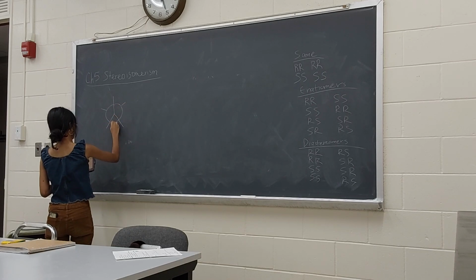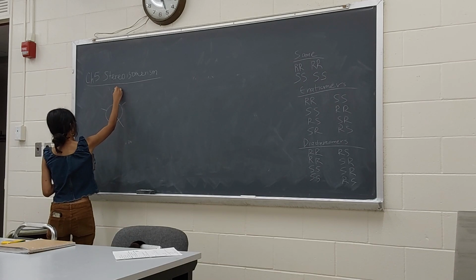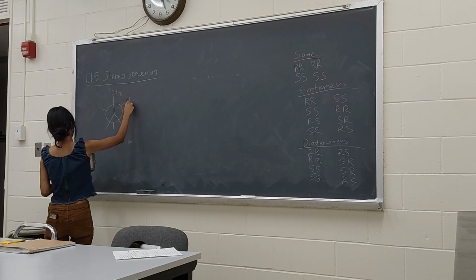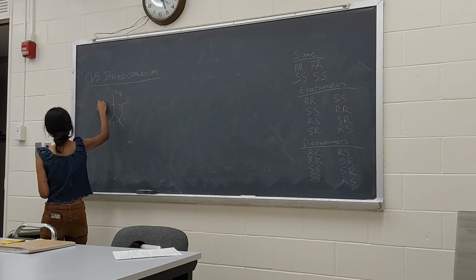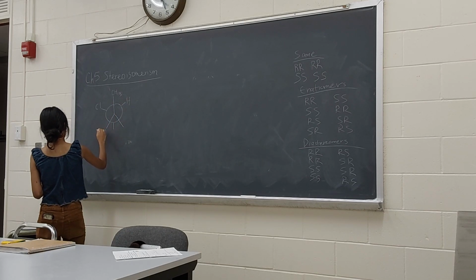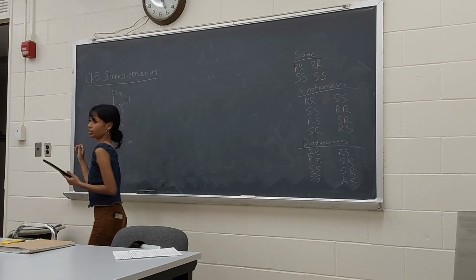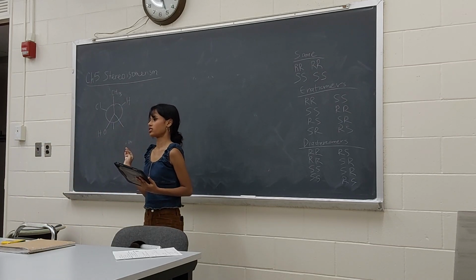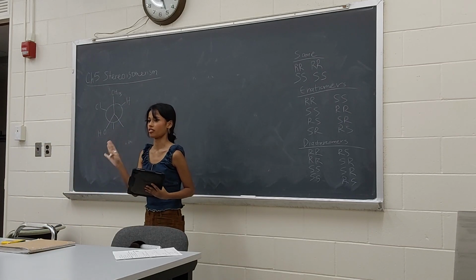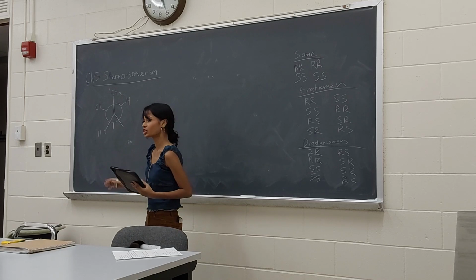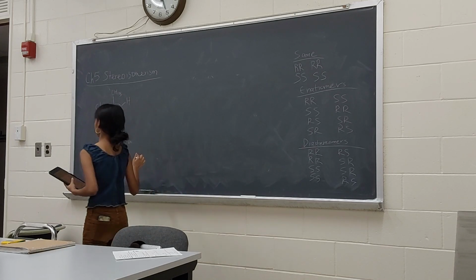But wait, if we said that it was diastereomers, don't we have to find if it's RR, SS, or otherwise? I just started off by showing ways you can know that it's diastereomers without having to do that. Ah, okay. So if one is cis, one is trans, you know automatically.